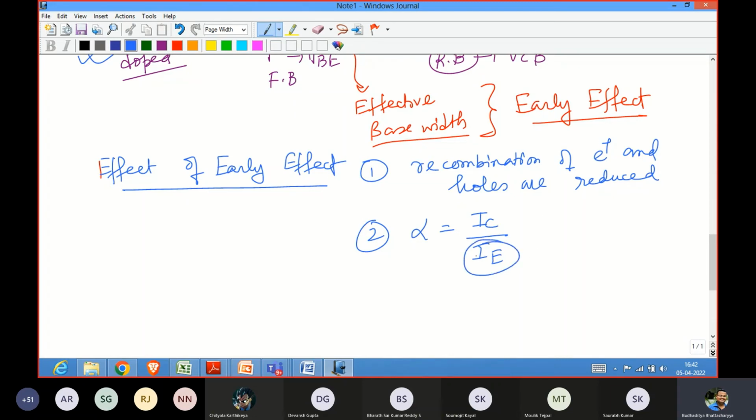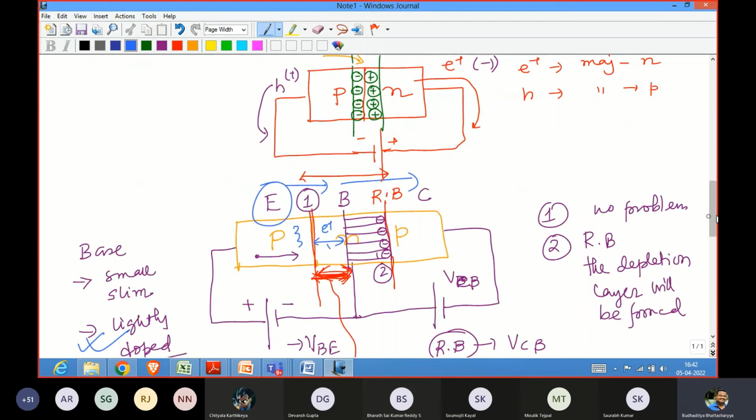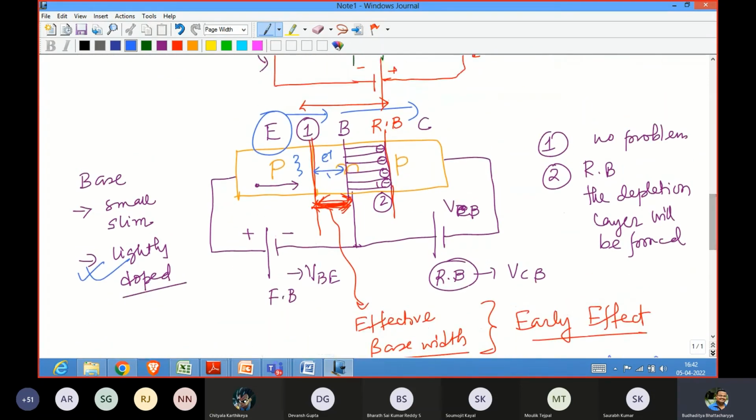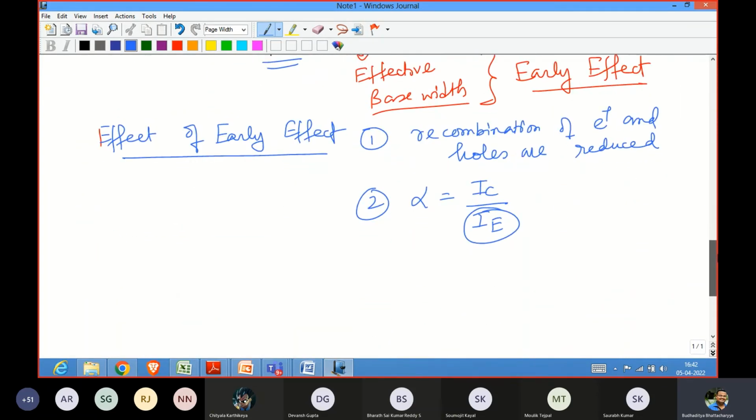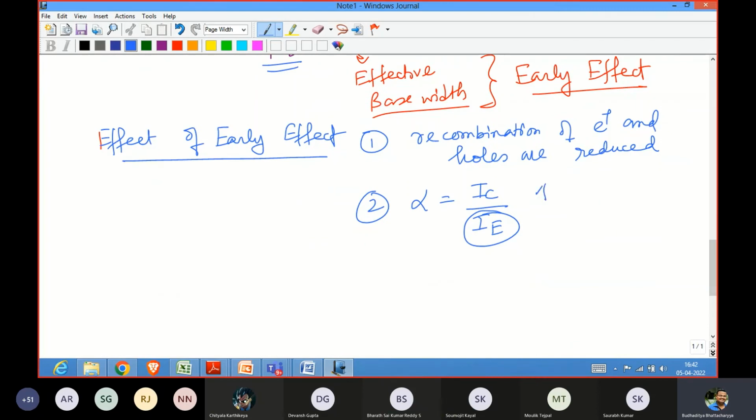IE will not change much, because the connection up to junction 1 is untouched. It is just generating the same way. But because of the depletion layer towards the collector side, more current is flowing. Hence, we can observe that alpha is actually increasing.